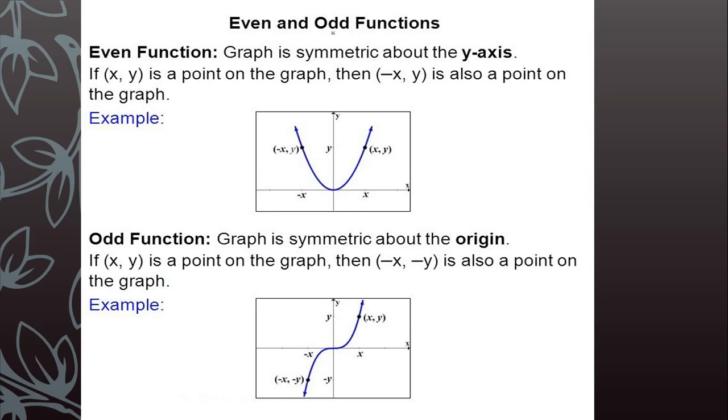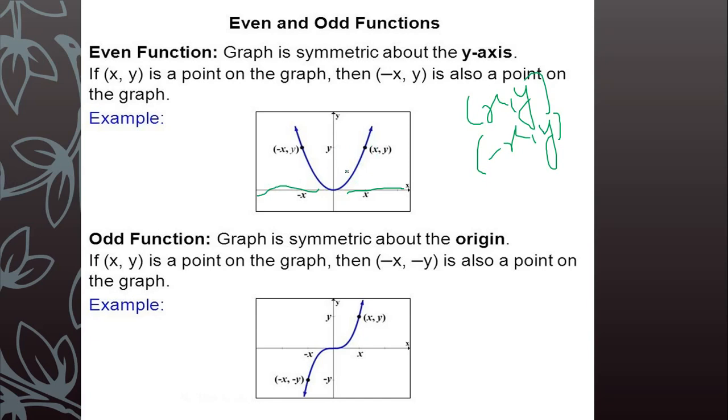Even and odd functions have symmetric graphs. For an even function, you have x and y, and we put a value to find minus x, and it gives the same y. Here we have positive x, here we have negative x. Just the x value changes, but y will be the same.